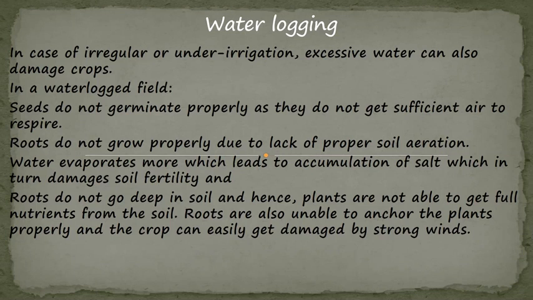Roots do not go deep in the soil, and hence plants are not able to get full nutrients from the soil. Roots are also unable to anchor the plants properly, and the crop can easily get damaged by strong winds. Therefore, a field should have a proper drainage system and soil should be well aerated.